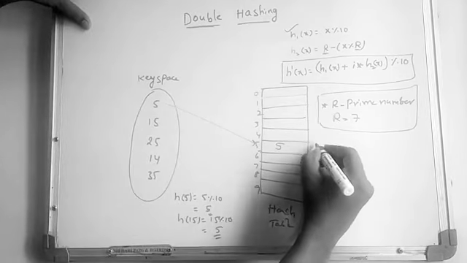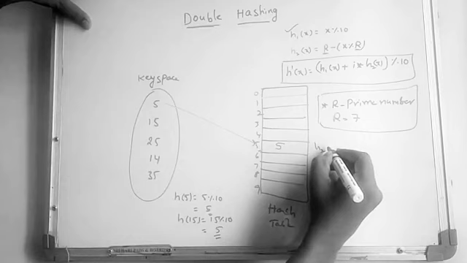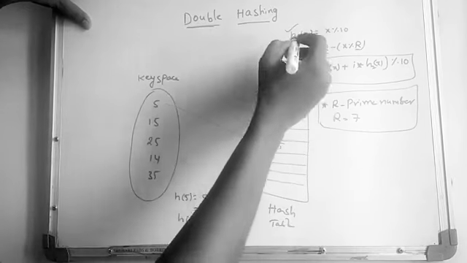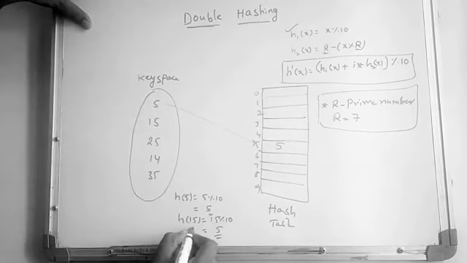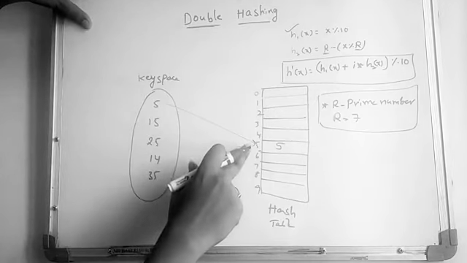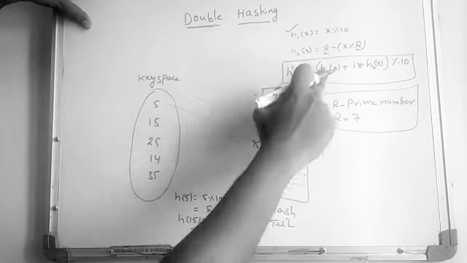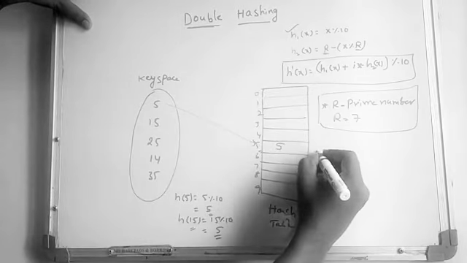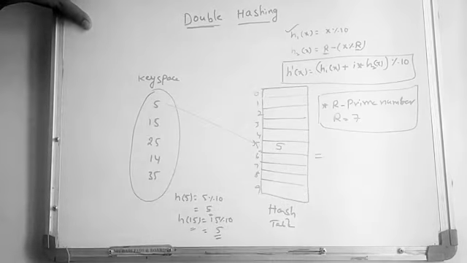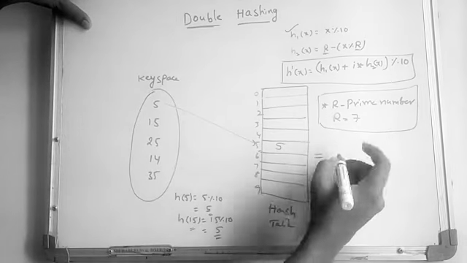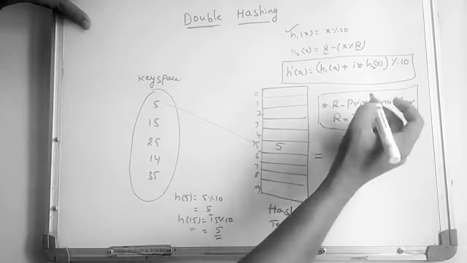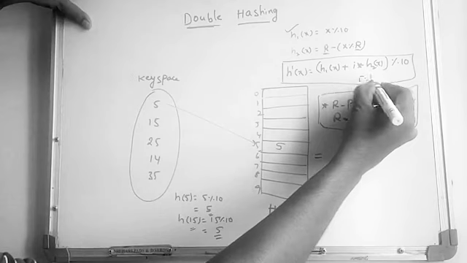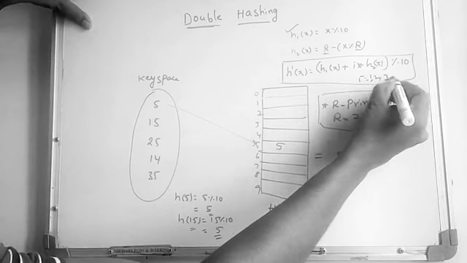Next, find h2. If you find a collision, for 15 the remainder is 5, so the collision arises. Then substitute the values into h dash of x. The h1 of x value is 5 plus i into h2 of x, where the i value is 1, 2, 3 and so on.